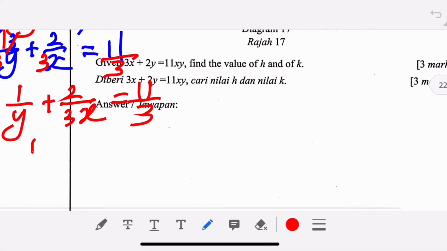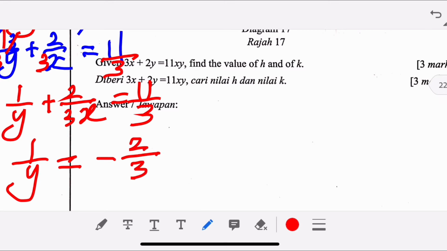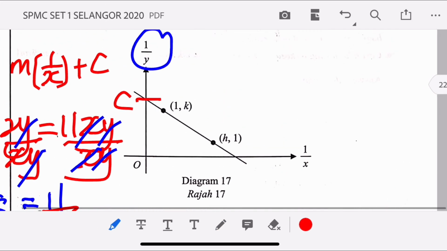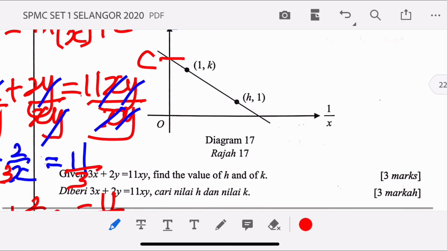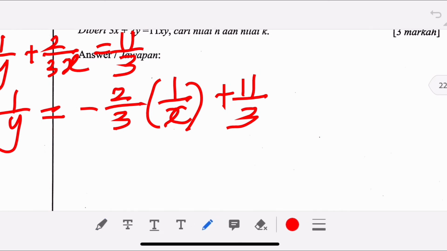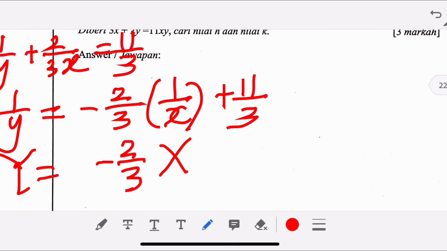So I want my 1 over y to stand alone on one side. The 2 over 3 is a number with 1 over x, separated out, plus the 11 over 3. So in this case I can substitute the points. This is my big Y, this is my gradient, this is my big X, plus 11 over 3.